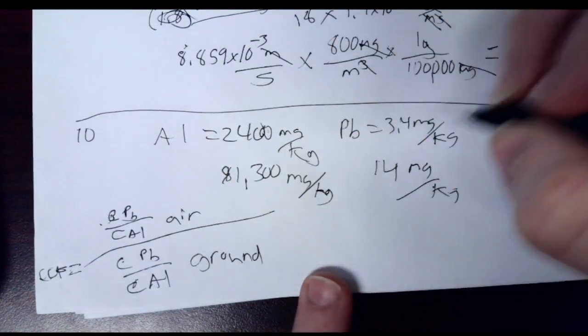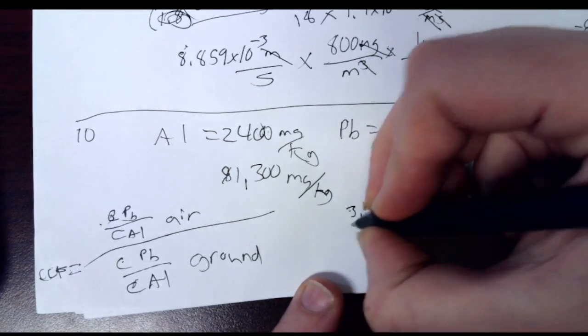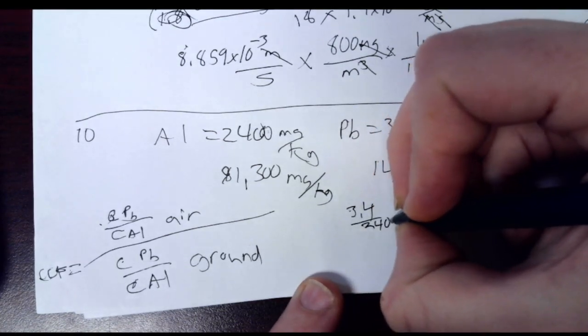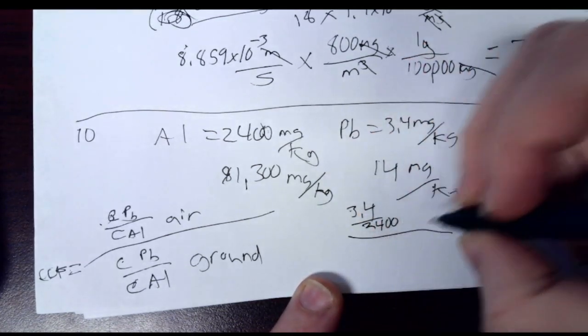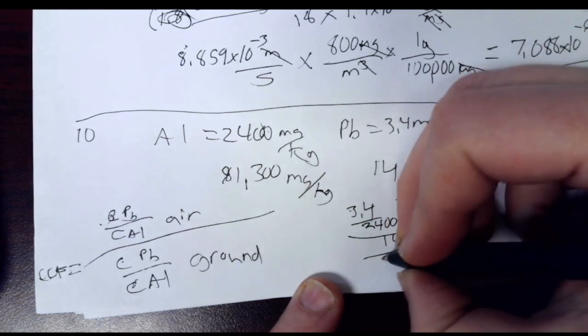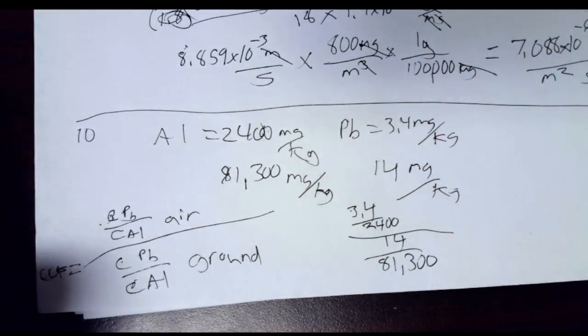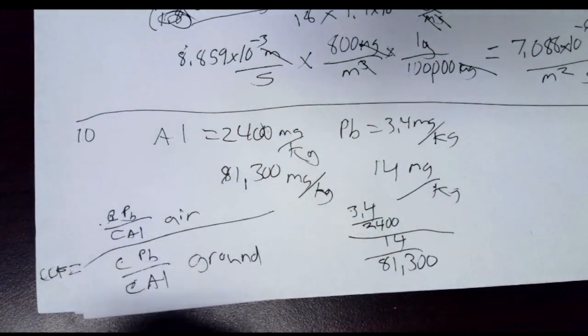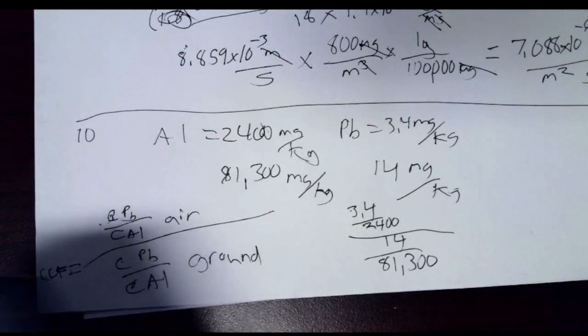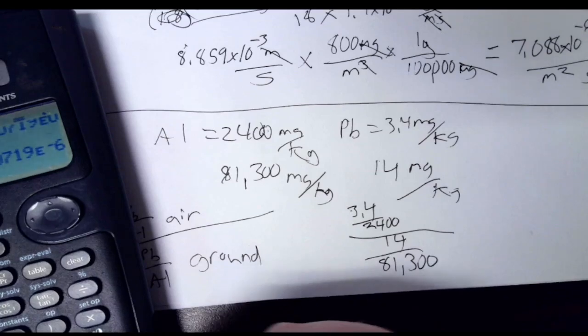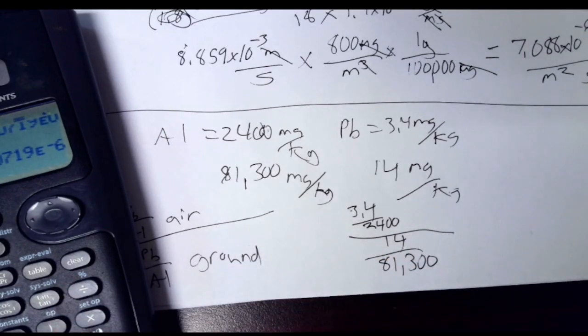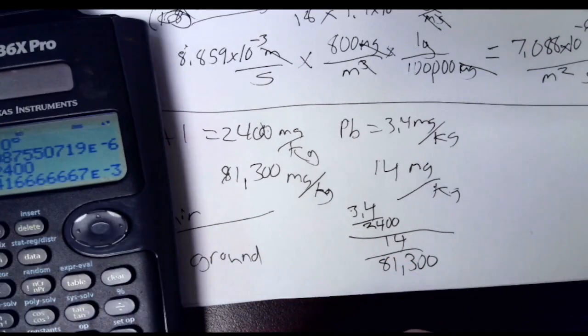So really, 3.4 divided by 2,400 on the top part, but 14 over 81,300 on the bottom part. Clearly, there's far more lead in the air than you would expect by its natural abundance in the crust.